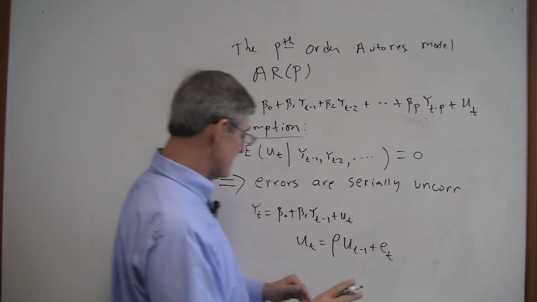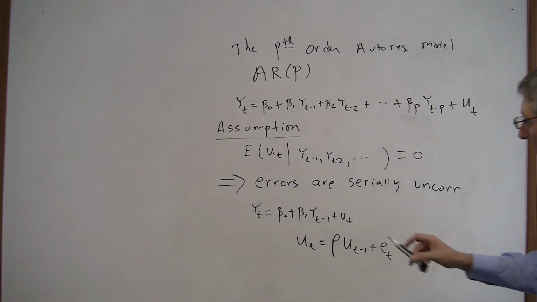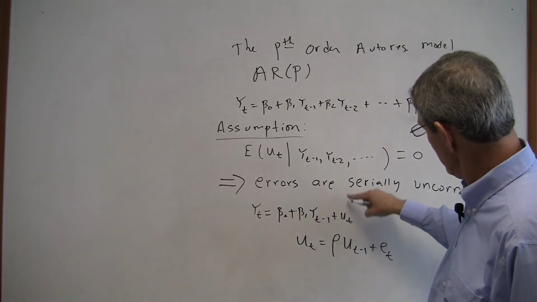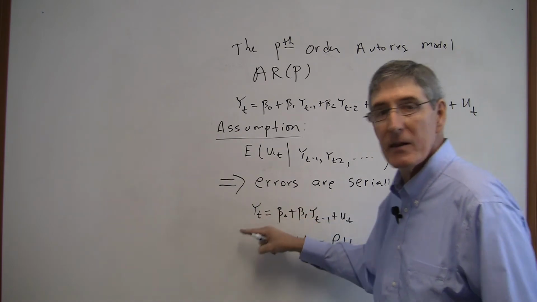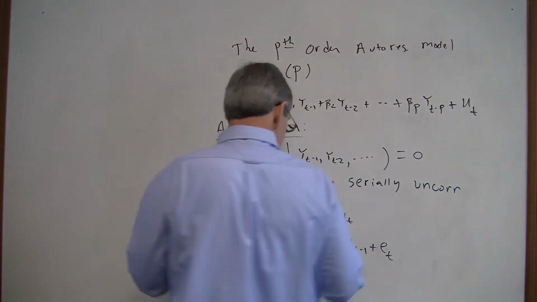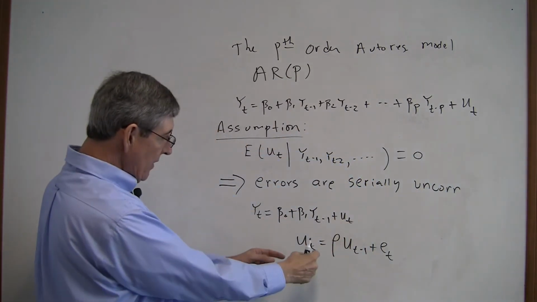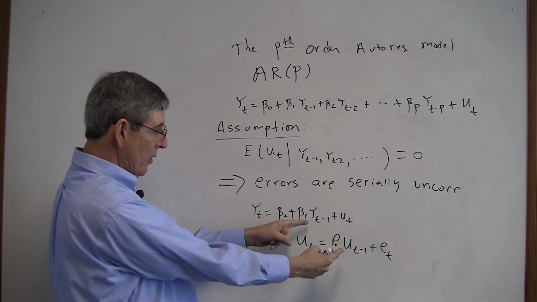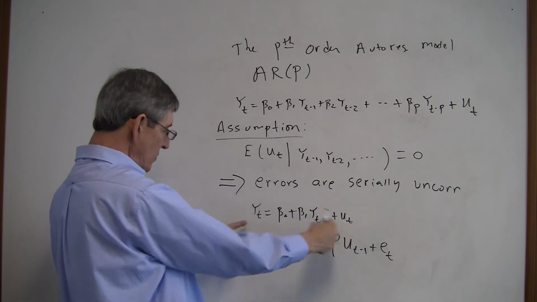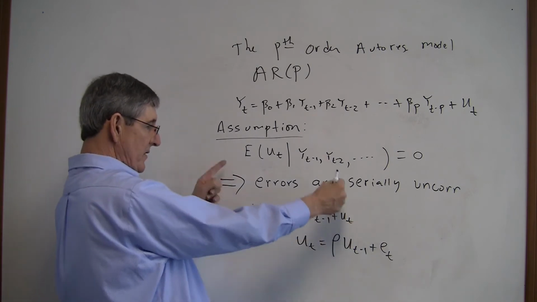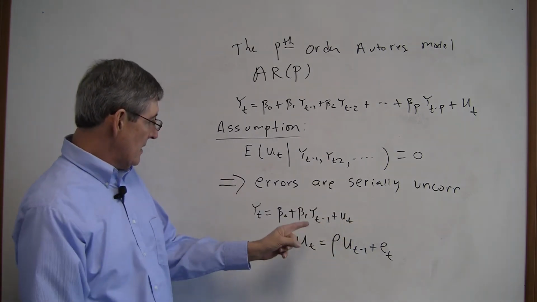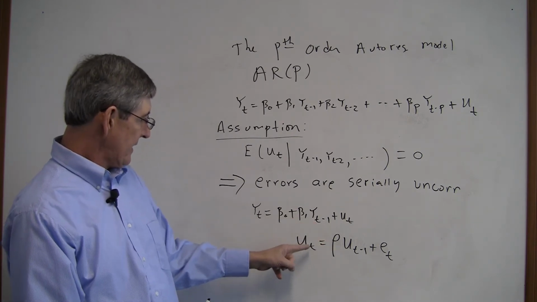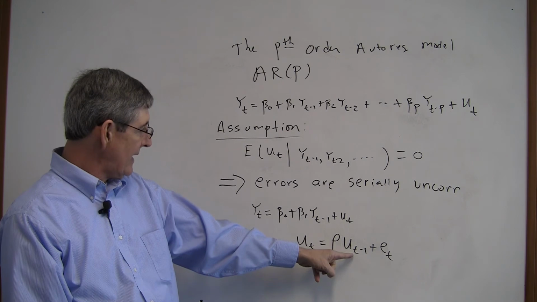But let's just suppose this is the model. Well, look, ut and yt are going to be correlated because when ut moves, yt moves. So it must be that yt minus 1 and ut minus 1 are correlated in the same way. If I wrote this for yt minus 1, this would be ut minus 1. So yt minus 1 is correlated with ut because ut has ut minus 1 in it.